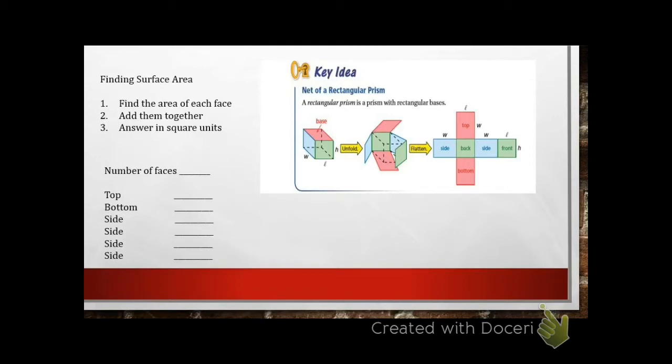I would have 4 sides, a front and a back, or a top and a bottom, and that would give me 6 faces. So now I'm going to have to find the area of the top, the area of the bottom, the area of each side, and then I will add them up together, and all together they will equal the surface area.